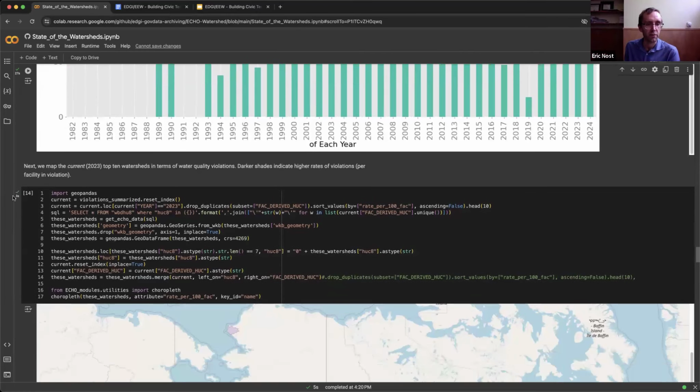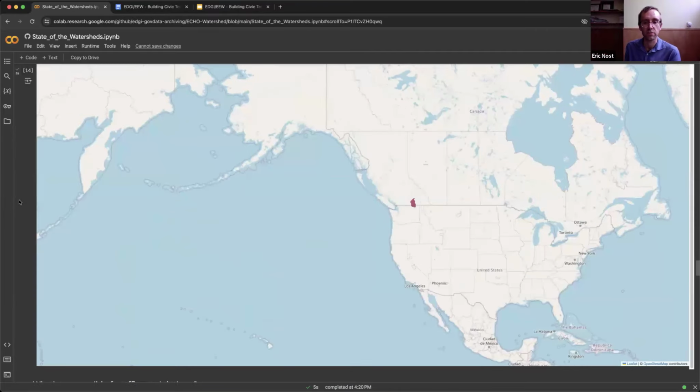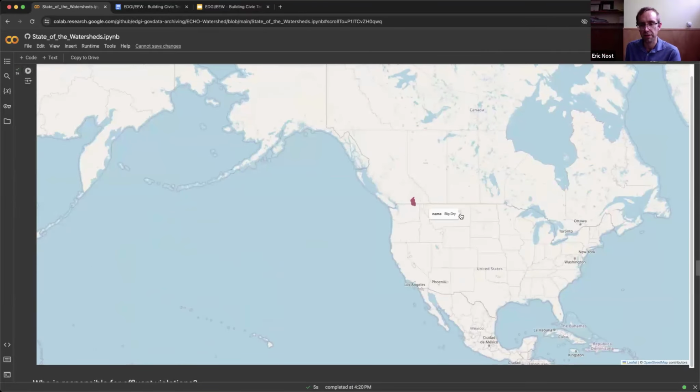At least in this watershed, let's say. We look at the top 10 watersheds nationwide. It's kind of hard to see on this map, but they are out west for the most part: Oklahoma, California, Nevada, Washington, Idaho.